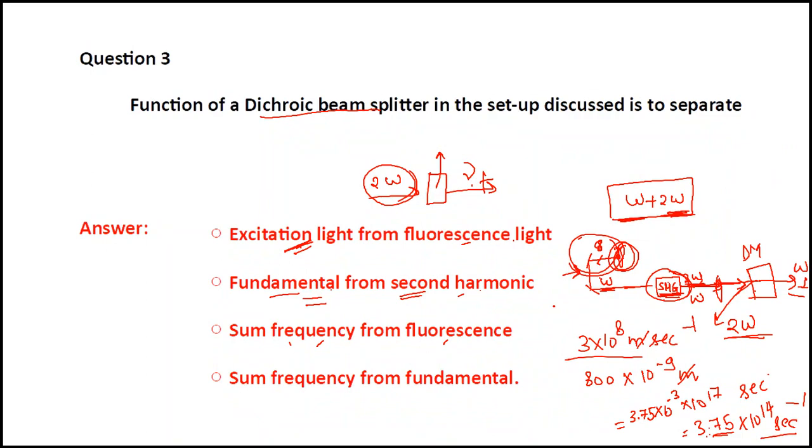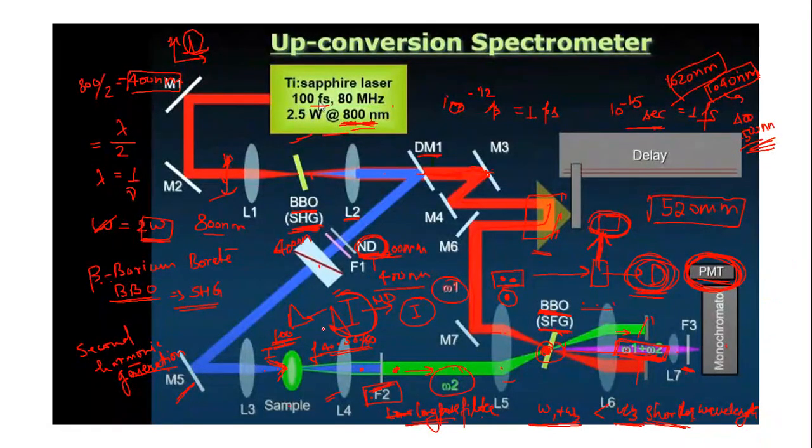The fourth one was sum frequency from the fundamental. So sum frequency is somewhere here, and the fundamental is the red line. So these three are already being separated. Because this fluorescence light and the initial fundamental light, these two are only summing up to give this sum frequency of light.